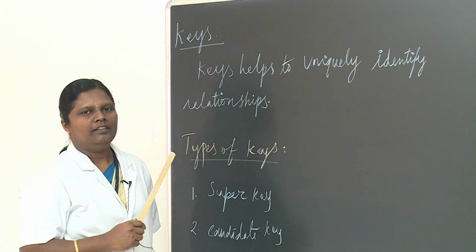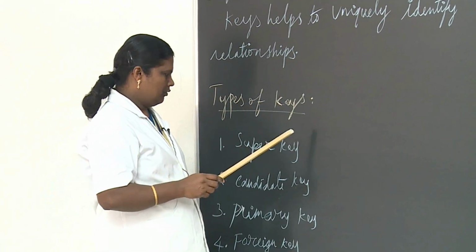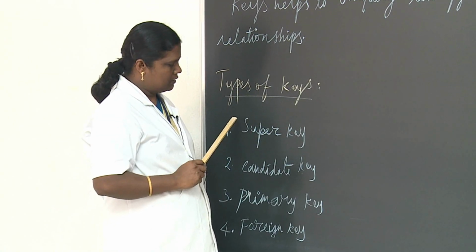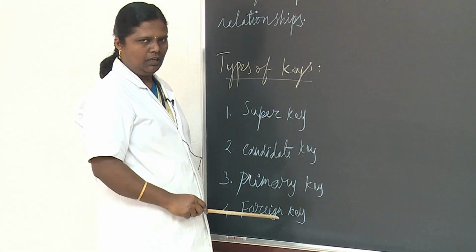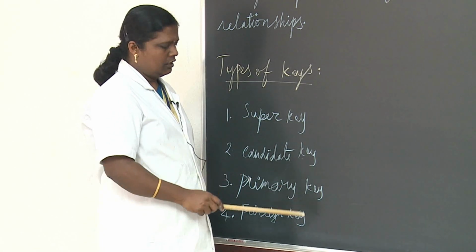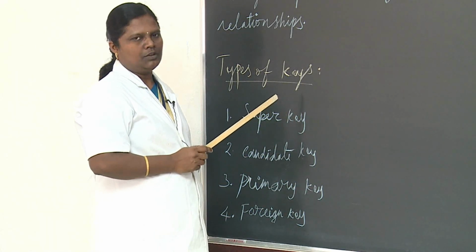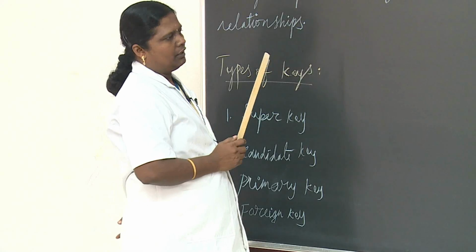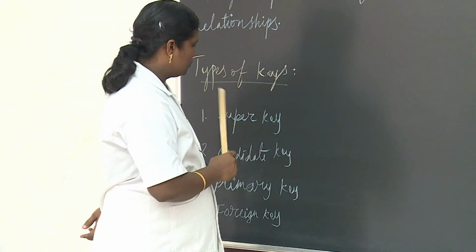So we'll see what the various types of keys available in the database are. The types of keys in the database are super key, candidate key, primary key, and foreign key. These are the various keys used to combine the various relations and effectively extract the data from the database. The first one is super key.